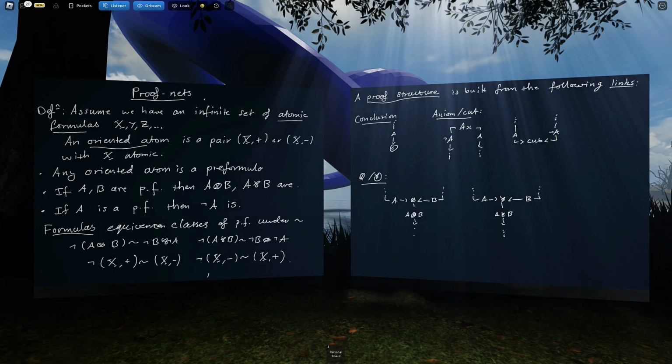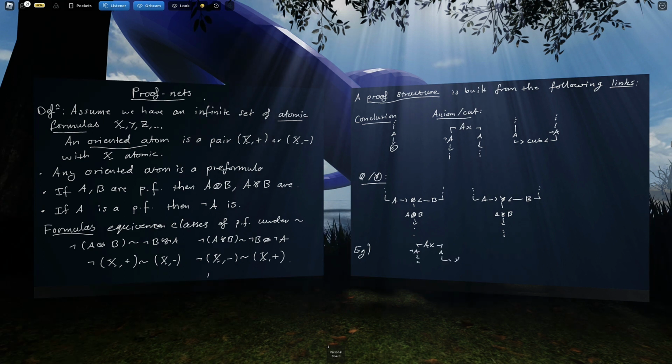Cool. So they're the building blocks, but it's probably not fully transparent what these things really look like. So let me draw out an example for you. So we could have an axiom coming into a tensor.